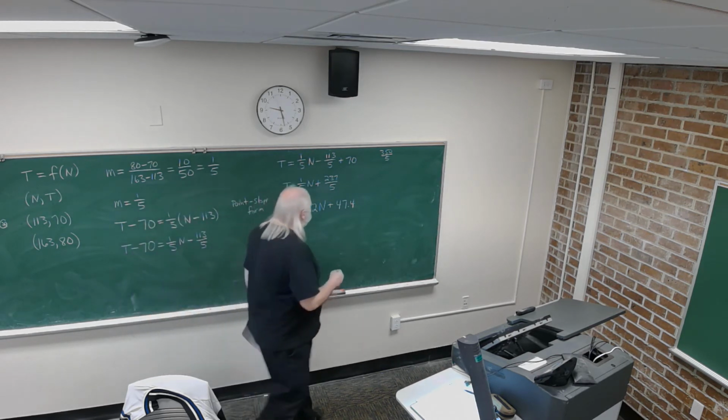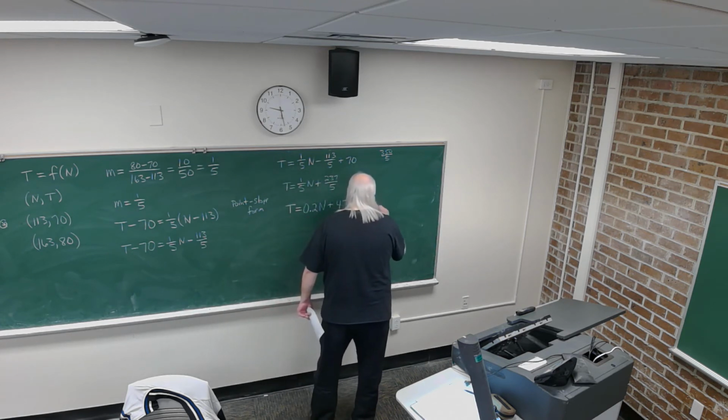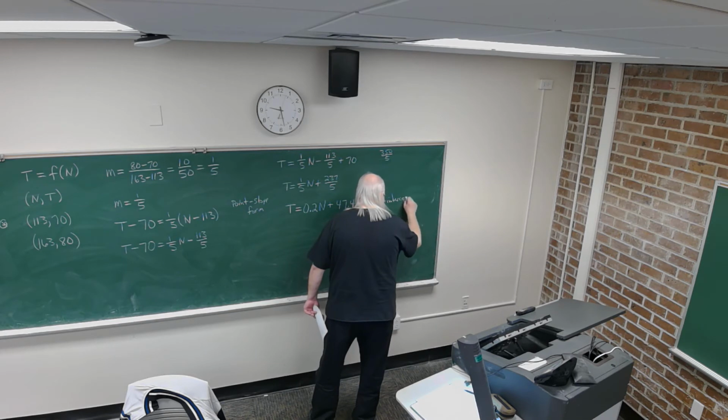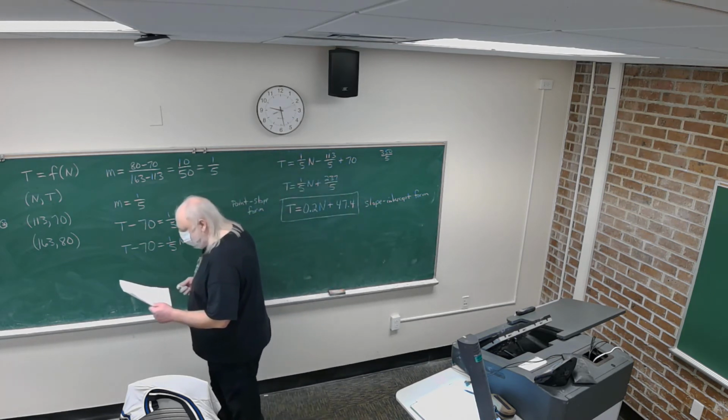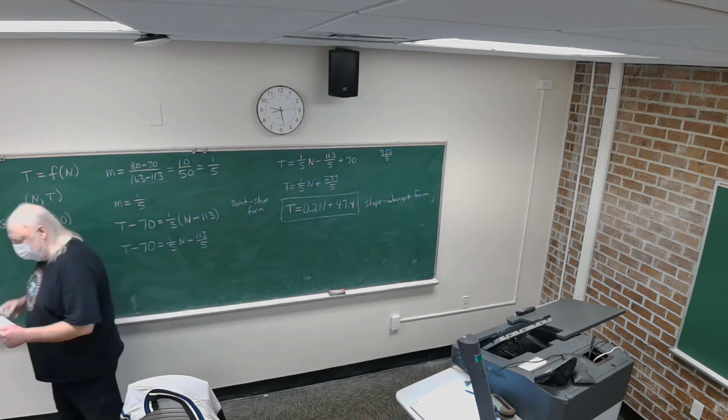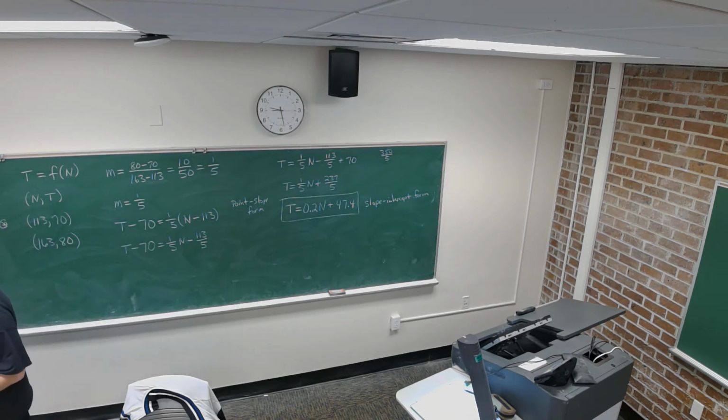So that is our model in slope-intercept form. So that's A. Okay. That's our linear equation that models the temperature T as the number of chirps per minute.